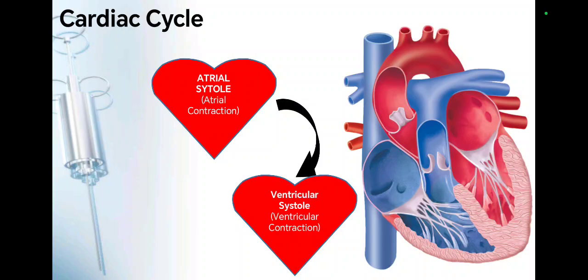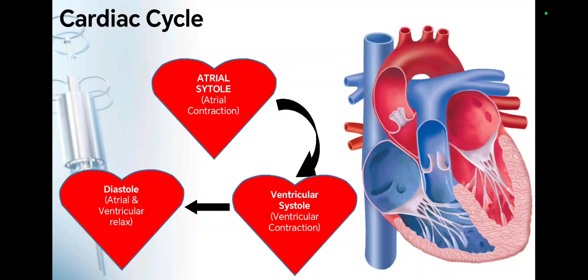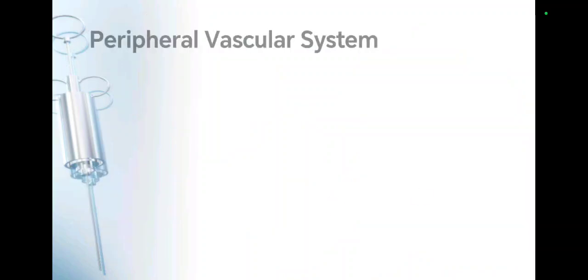That oxygenated blood goes through to the left ventricle, and the left ventricle will pass it to the aorta so that it will be given to other parts of the body. Then after, we have your diastole, wherein your atria and ventricles relax, and it will go round as a cycle. This is a repetitive action of your heart in order to provide good blood circulation all throughout the body.